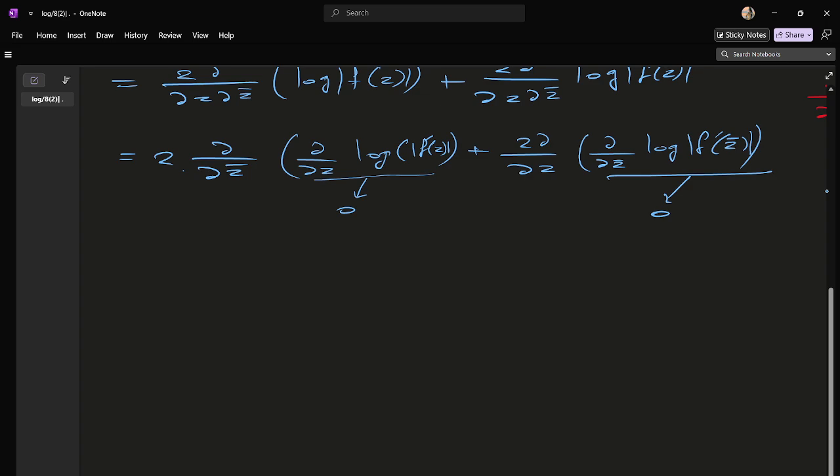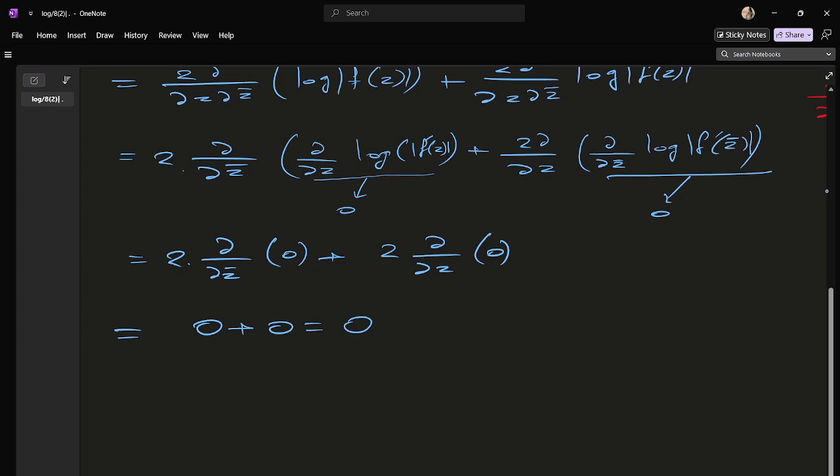So the partial derivative with respect to z and z bar will be 0. So this thing will also be 0, and 2 del z of 0, the partial derivative of 0, is also 0. So we have 0 plus 0 here, which will be 0.